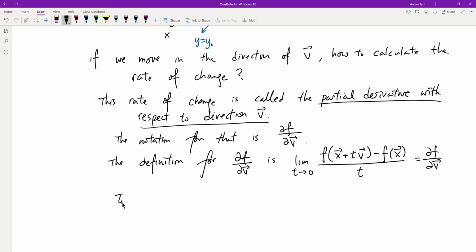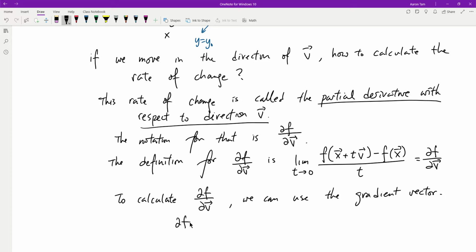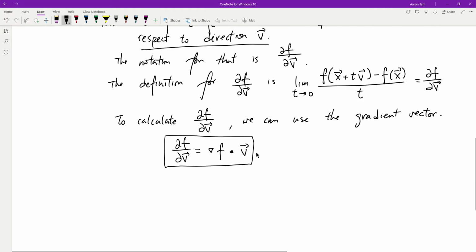To calculate df over d vector v, we can use the gradient vectors. Here's the relationship: df over d vector v is equal to the gradient of f dot product vector v. That is the formula that you want to memorize.